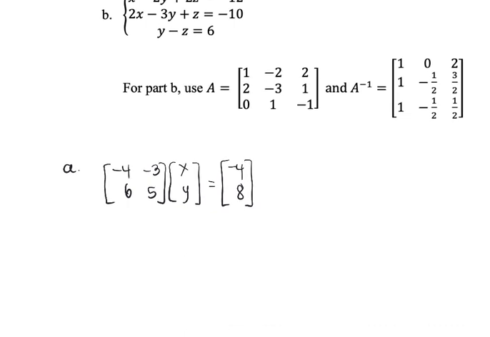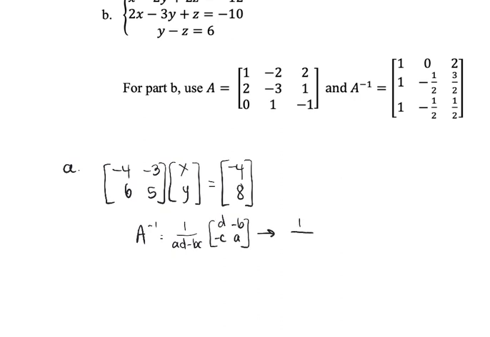So assuming we're going to call this one matrix A, the inverse of that would be inverse of A. Remember the formula is 1 over AD minus BC. D and A change spots. B gets multiplied by -1, and C is multiplied by -1.